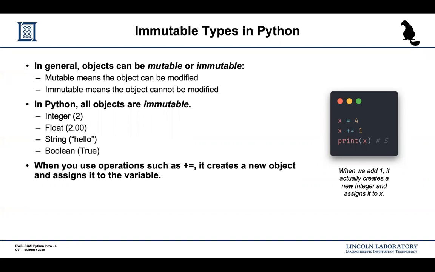But if you do any arithmetic changes to x, it will create a new object and reassign x. So y would still be 4 in that case. Thinking about it that way will help you understand why some weird stuff happens with passing objects around. But for very basic types like integers, floats, strings, and booleans, nothing to worry about.